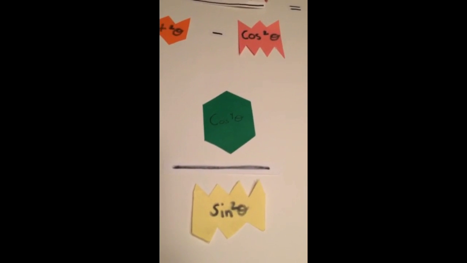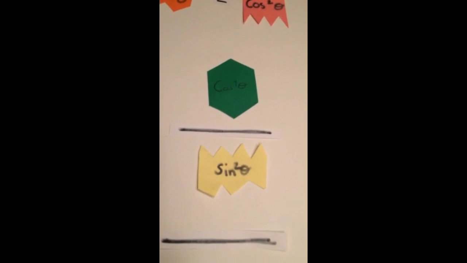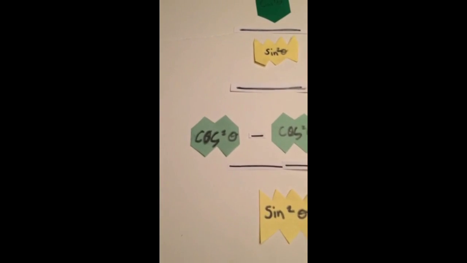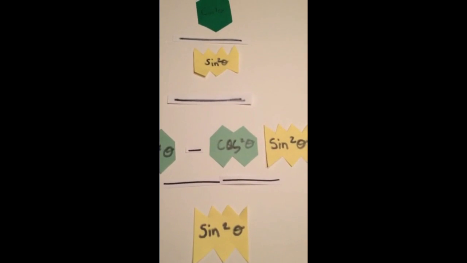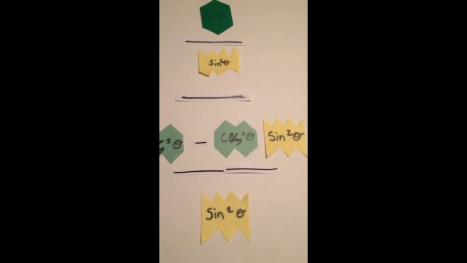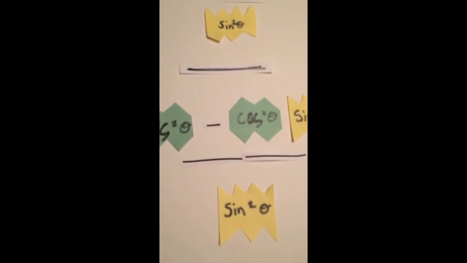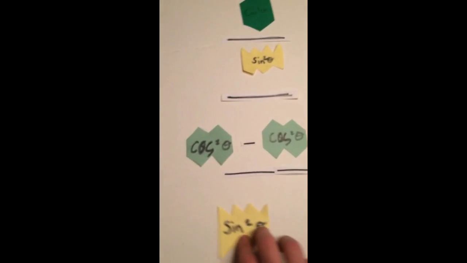So it would be cosine to the 4th theta over sine squared theta, and then this would be all over cosine squared theta minus cosine squared theta times sine squared theta over sine squared theta. And because you were dividing and they have the same denominators, you can just cancel these out and simplify from there.